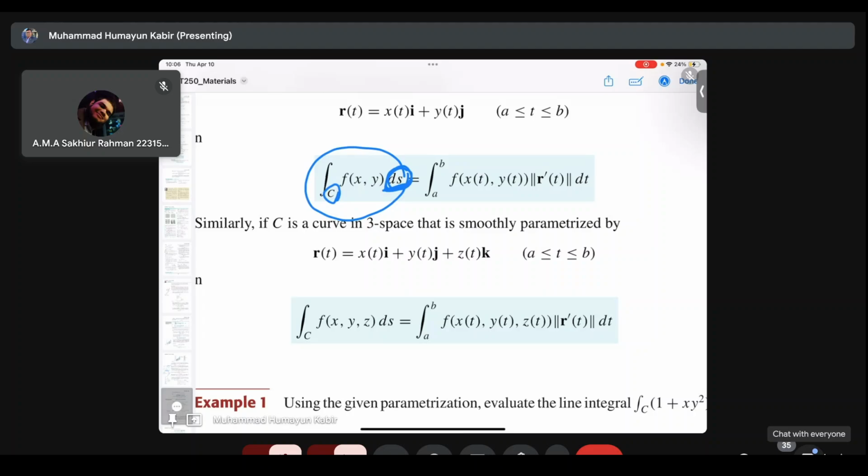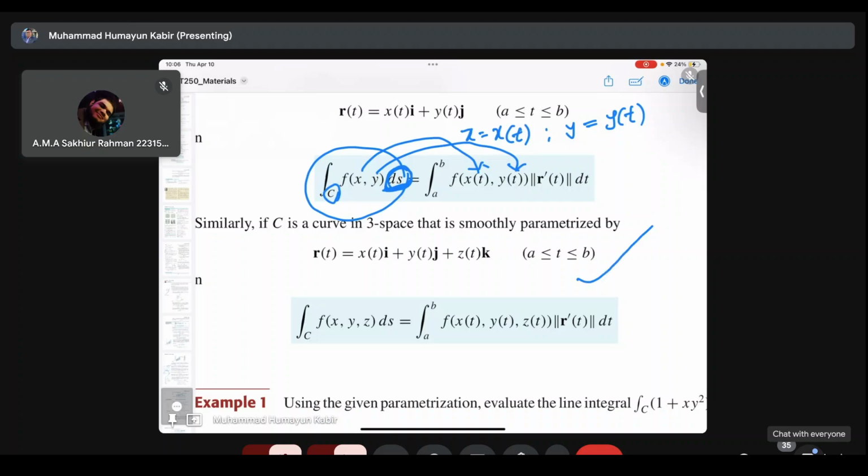Now, if you have parametric equations x equal to x of t and y equals y of t, then x should be replaced by x of t, and y should be replaced by y of t.